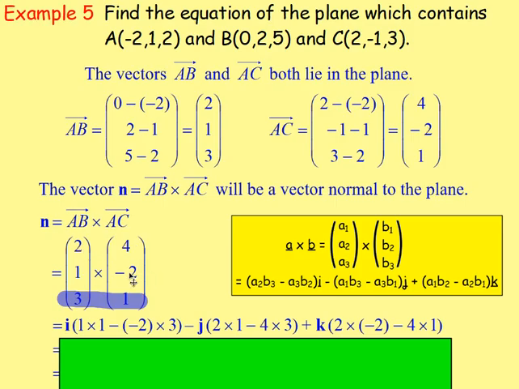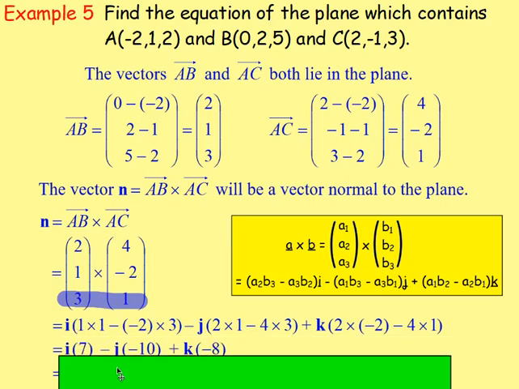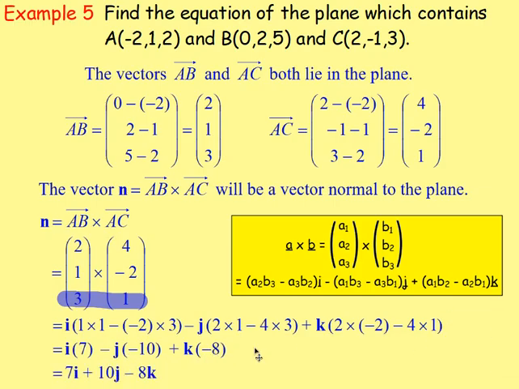So we'd have 2 times negative 2, take away 4 times 1. If you simplify just what's in the brackets here, you will end up with i times 7, negative j times negative 10, and plus k times negative 8. Rewrite that, and you will end up with 7i plus 10j, take away 8k.